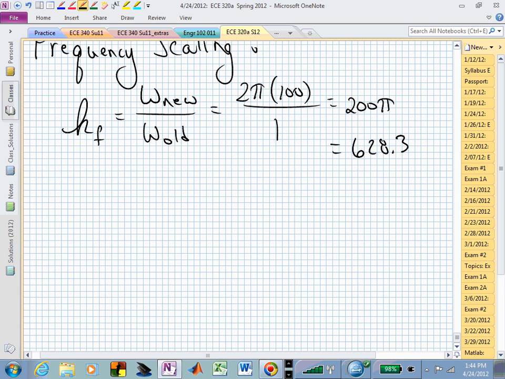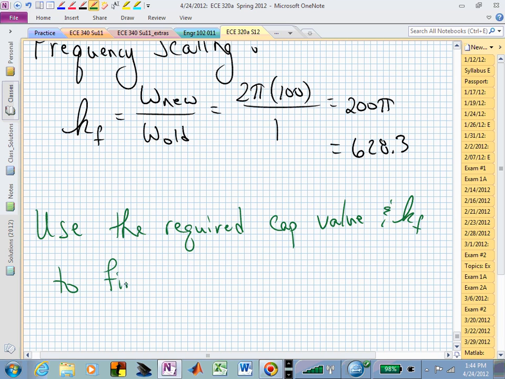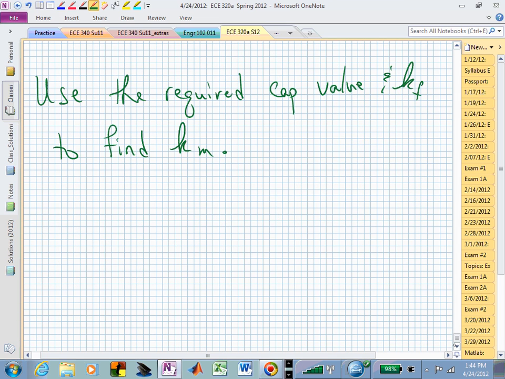628 is what our frequency scaling is, but what did we say? We needed a capacitor, didn't we? Use the required cap value and K sub F to find K sub M. Meaning, what was our relationship between new and old capacitors?